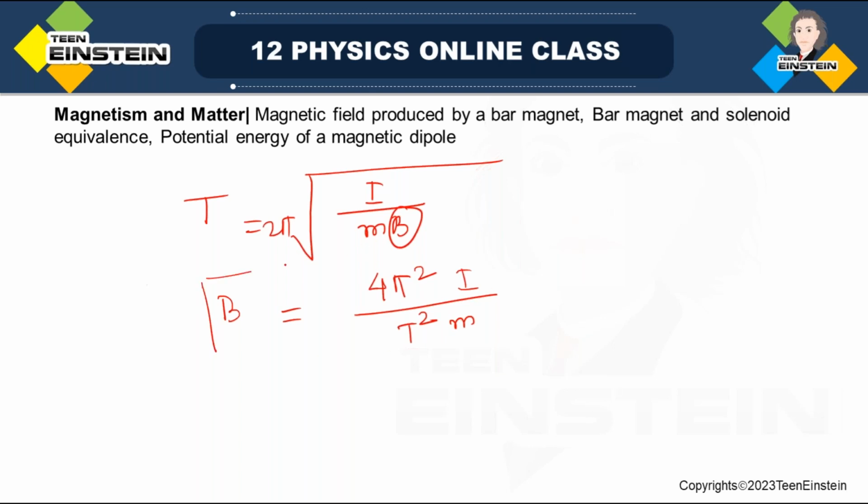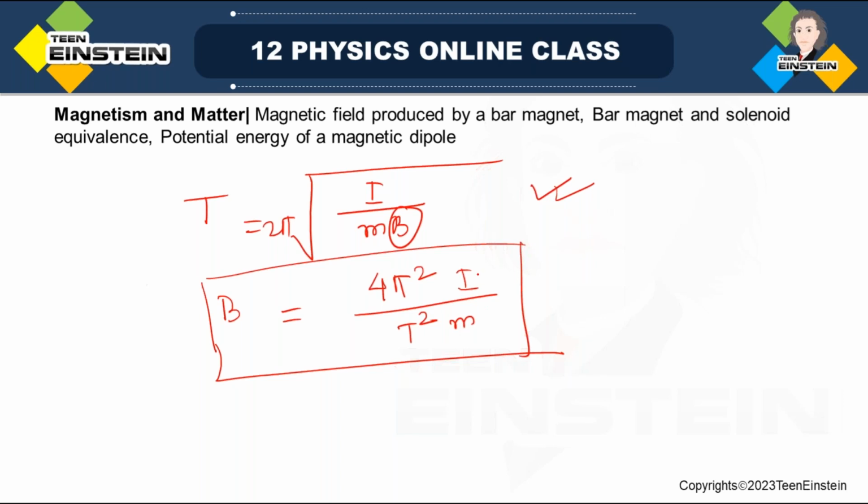So this is the expression. This is actually a very important expression for finding the magnetic field. Obviously, you should remember this particular formula: T is equal to 2 pi root over I by mB. Using this, we will be able to find out the magnetic field produced by a bar magnet.